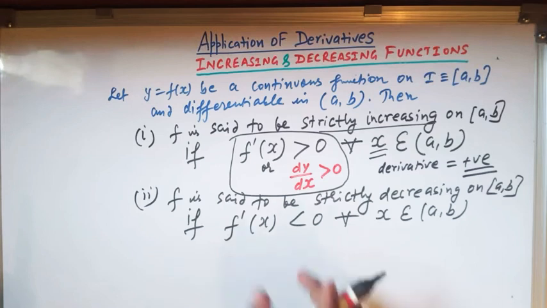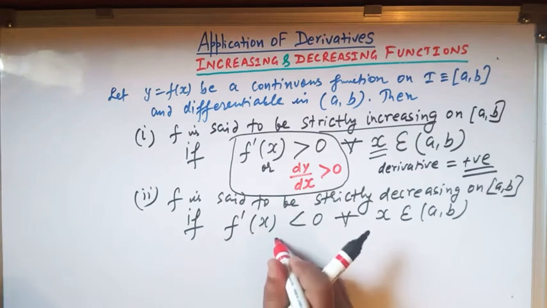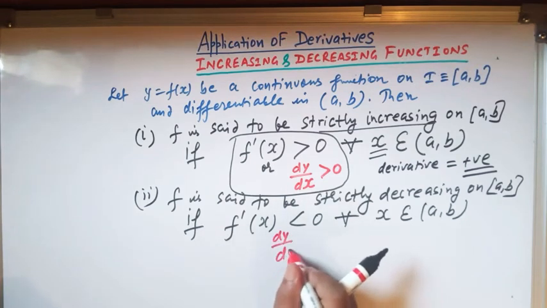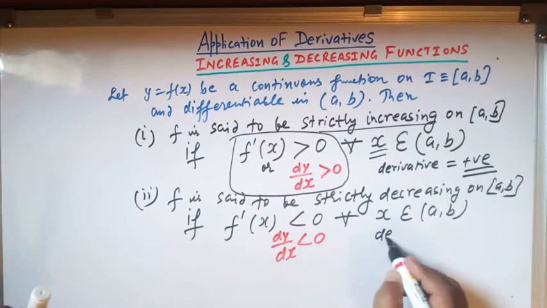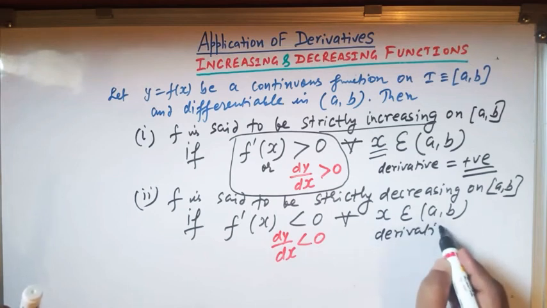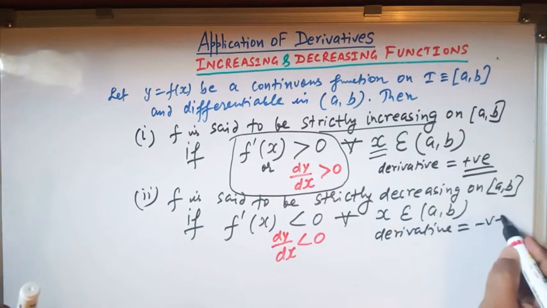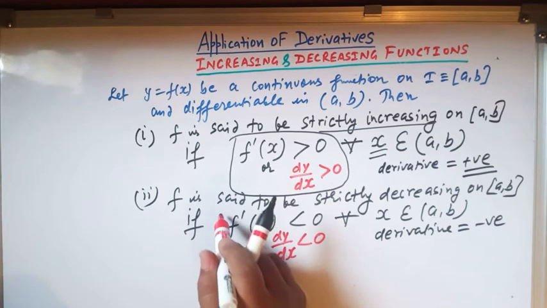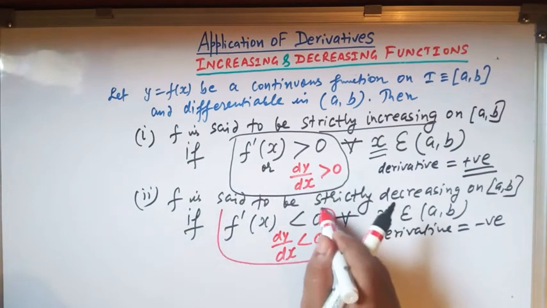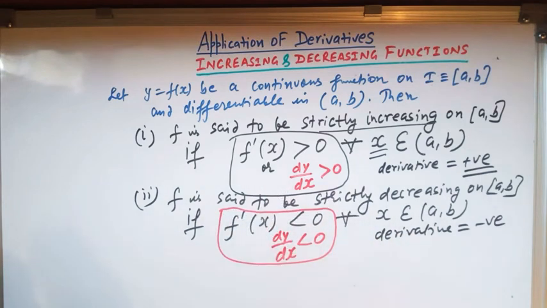So what does it mean? It means that if the derivative is less than 0, or the derivative is negative, then the function is said to be strictly decreasing function.